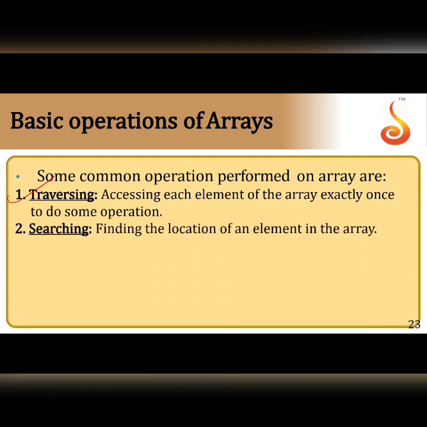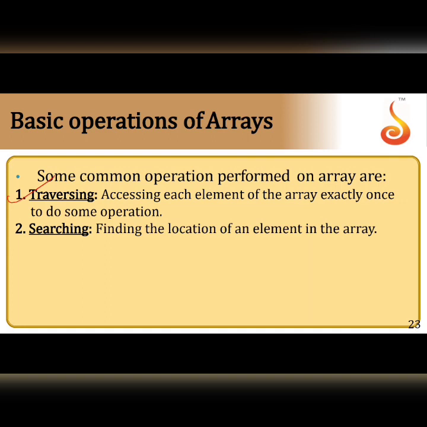The next is searching, that is finding the location of an element in an array. For example, I have an integer array and I have to search whether element 10 is there in the array or not. So what will I do? I will start from the beginning. I will go on comparing each element with 10. If it is there, then I will note down the index location.